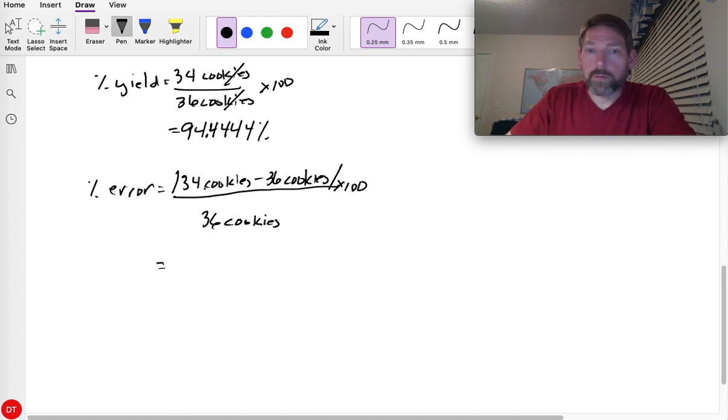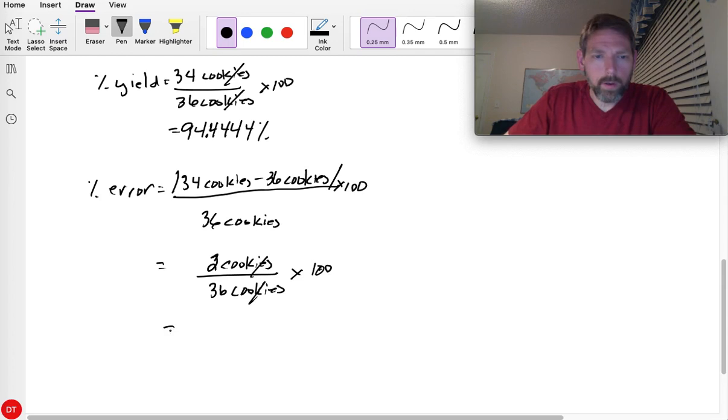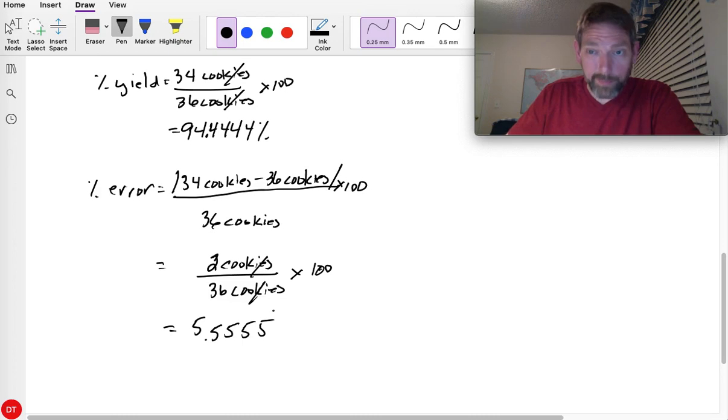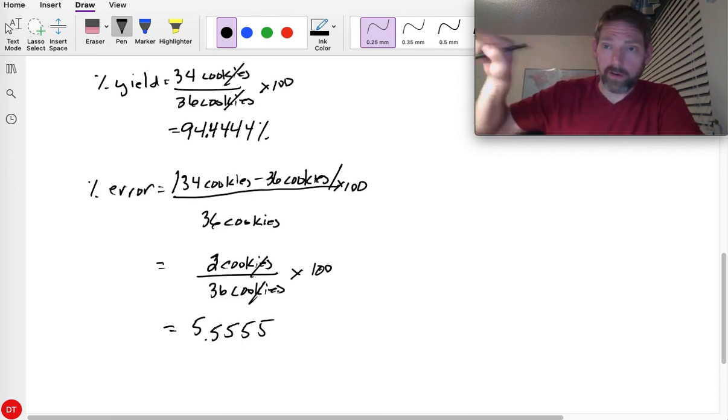You should see that the difference between 34 and 36 is, you guessed it, 2 cookies divided by 36 cookies. Cookies cancel out. So 2 divided by 36, and then times 100, that gives us 5.5555, keeps going, and then there's a 6 like a mile down the road, way down here in the calculator.